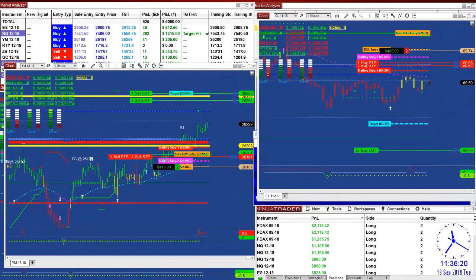I'm gonna be quiet for a few minutes, and we will see how this ES. I'd like to show you how this ES is gonna come out on a reversal.